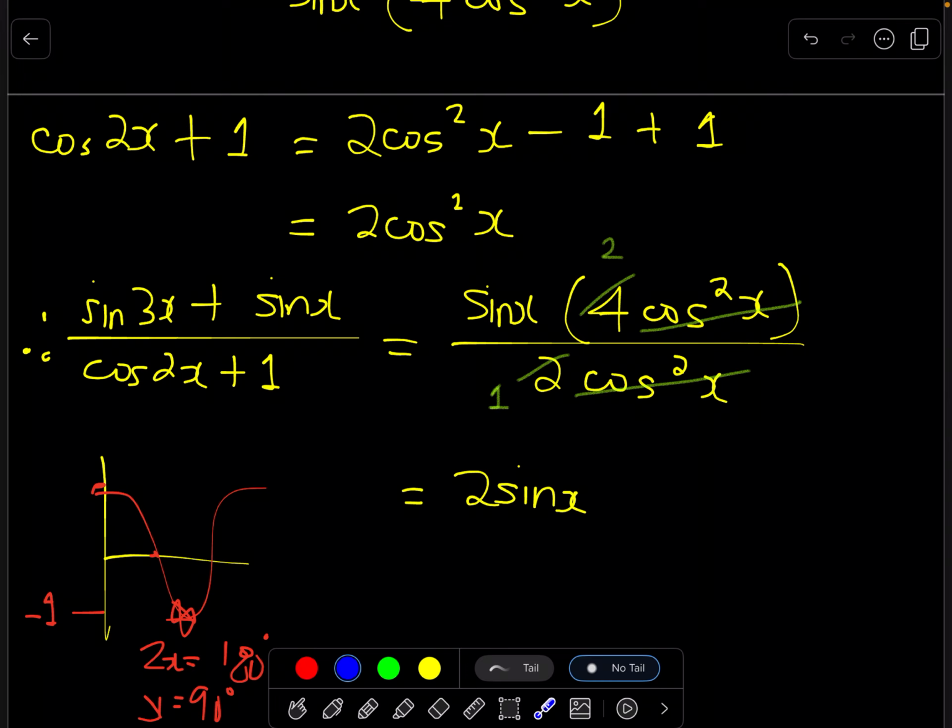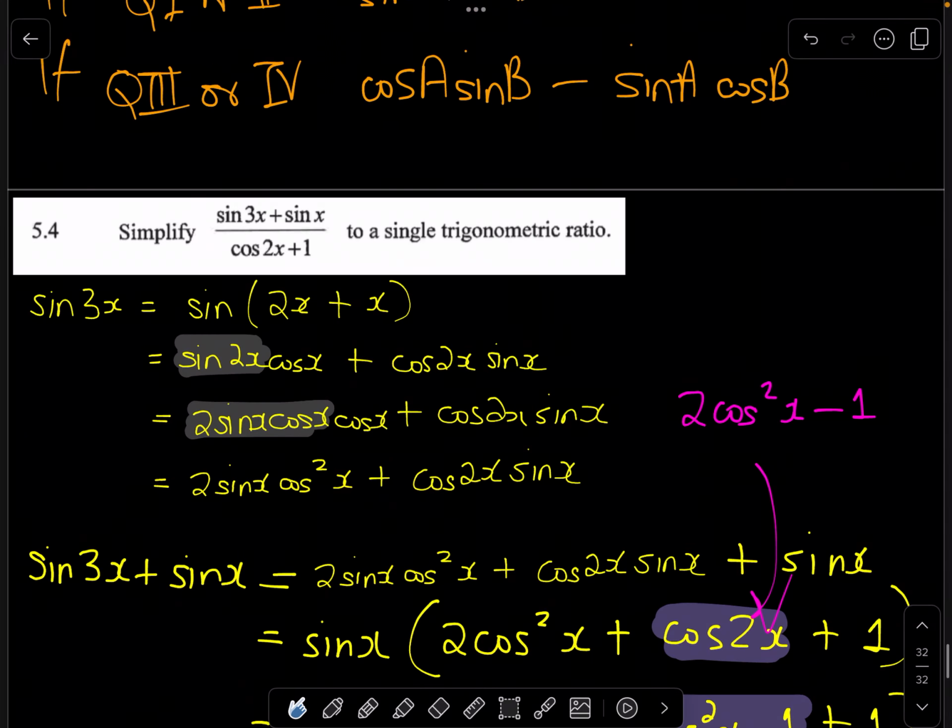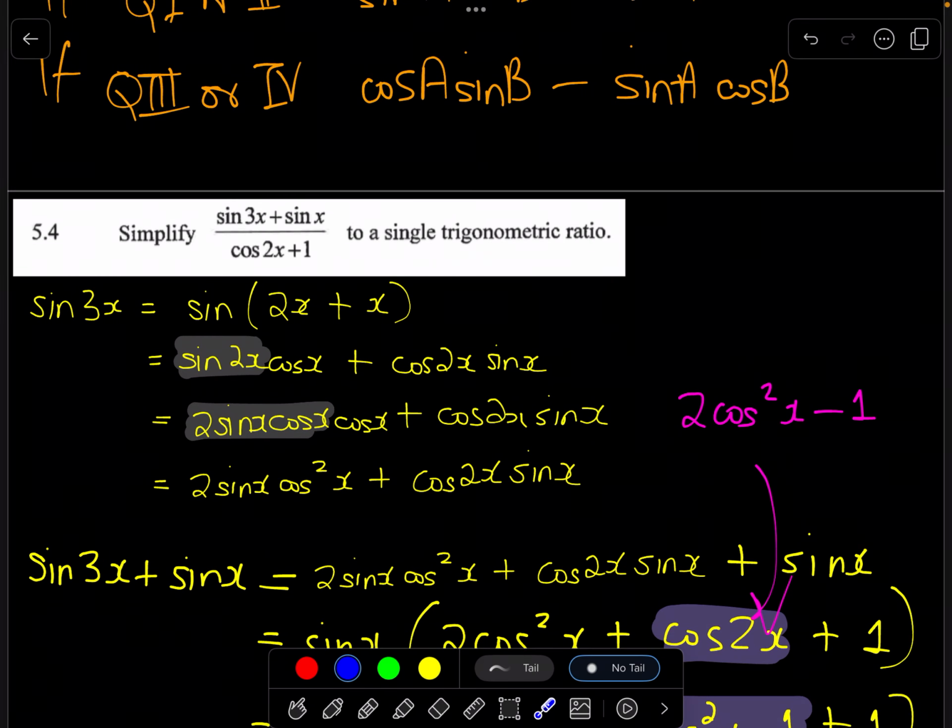So, an interesting approach is that they rewrote sine 3x the way that we did, but then they also wrote sine x as sine of 2x minus x. So you can definitely try that out and see where that takes you. And then at the bottom they pretty much did the same. The denominator they did the same.